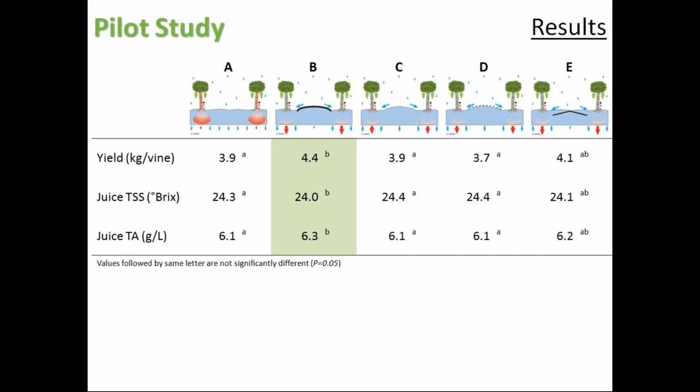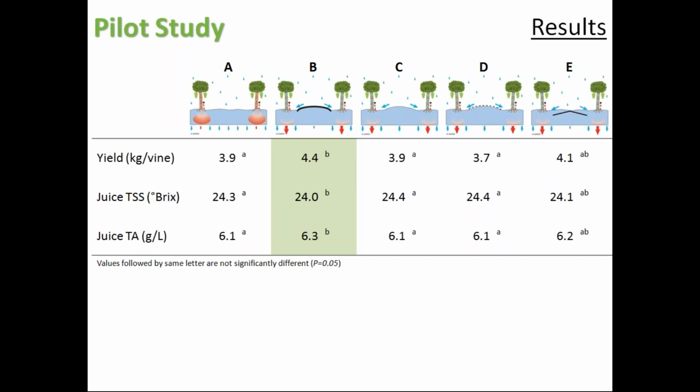So we had a more significant yield response for treatment B, not necessarily a favourable response for growers of quality grapes, but something to bear in mind as a potential angle for reducing water inputs.